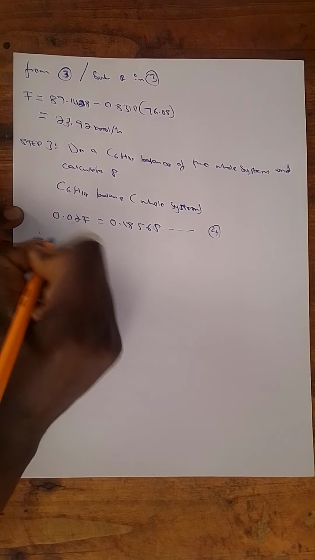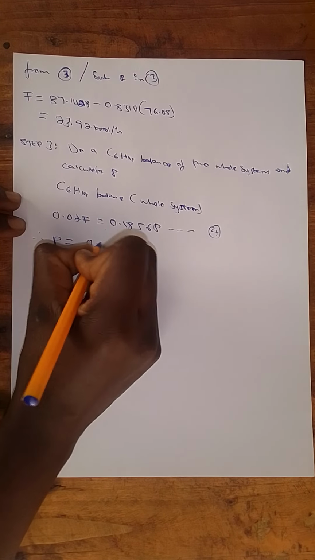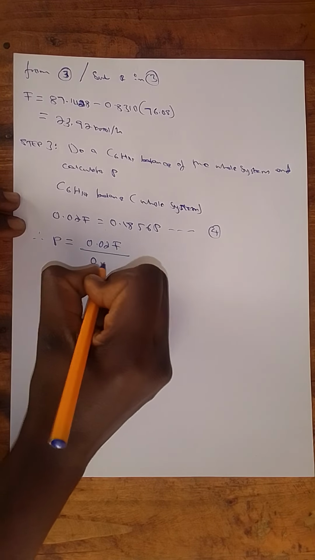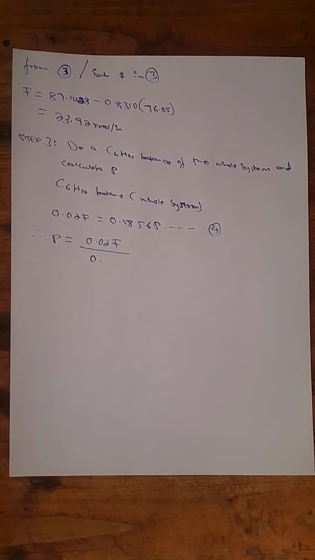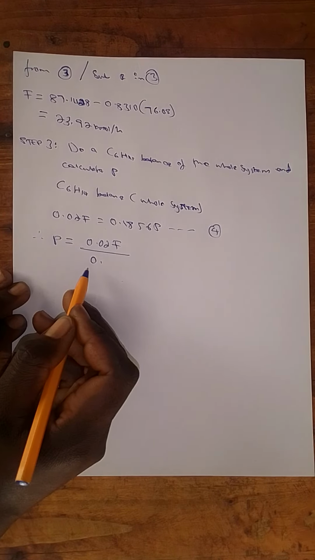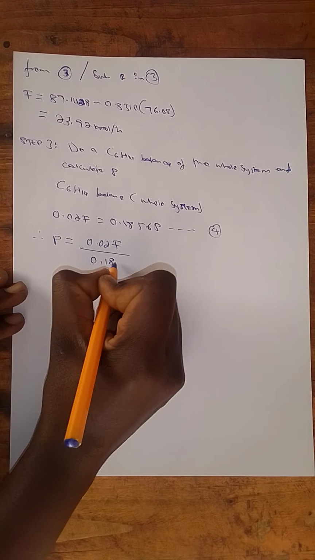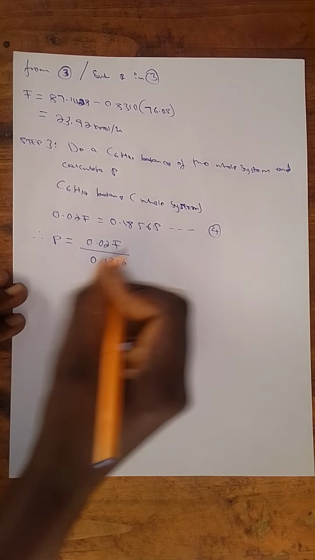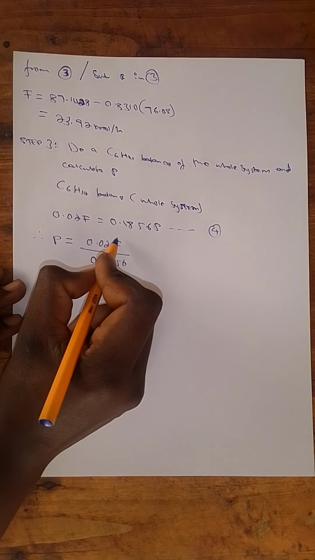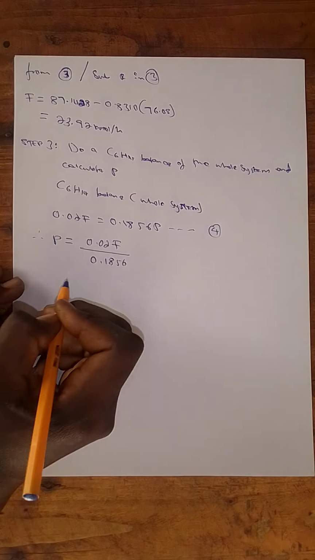So with that said, we can say therefore P is equals to 0.02 F all over 0.1856, right? So now if you're going to be substituting, remember we have P in terms of F, but we already have calculated F here as 23.92.